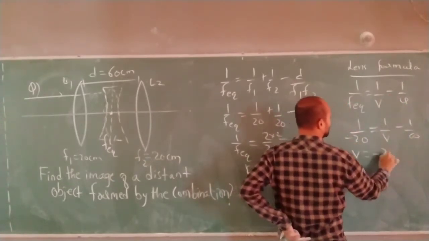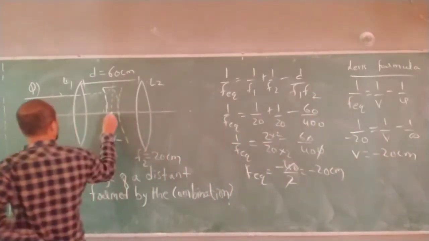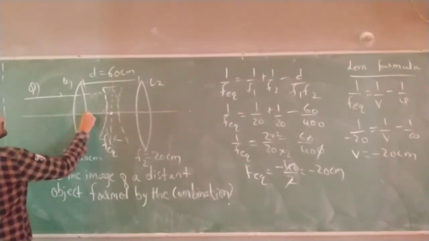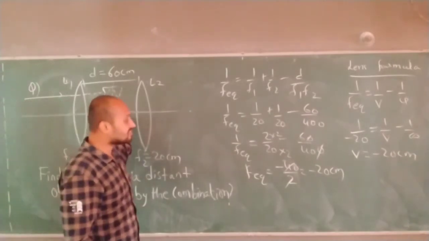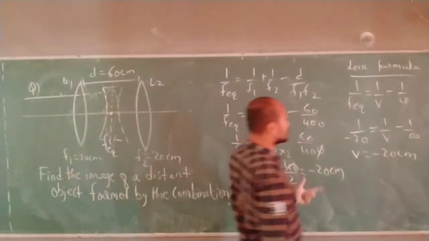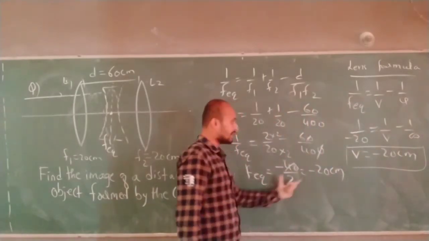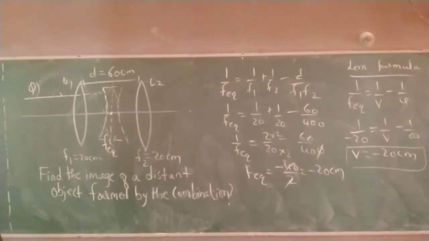So v is equal to minus 20 centimeter. From this lens, the image formed is somewhere in between them only. So the image formed is always at minus 20 centimeter. So that thing is finished.